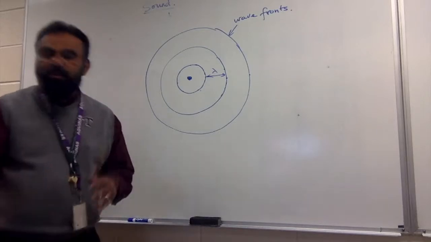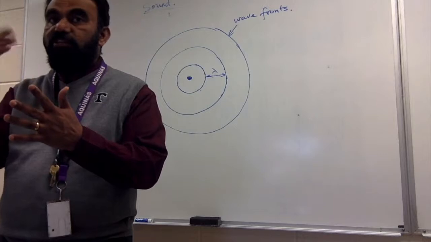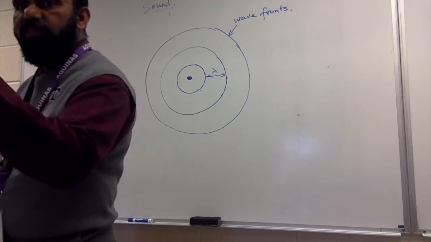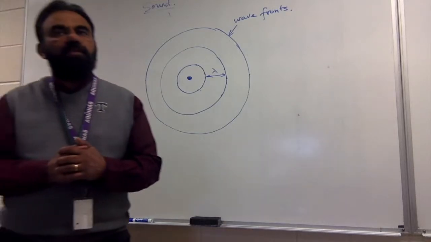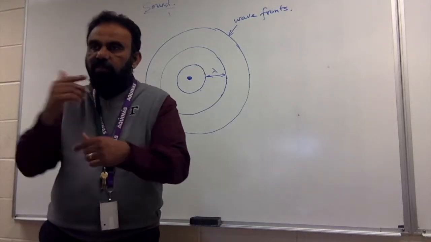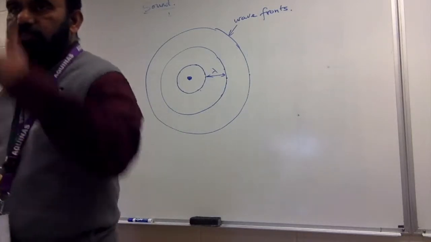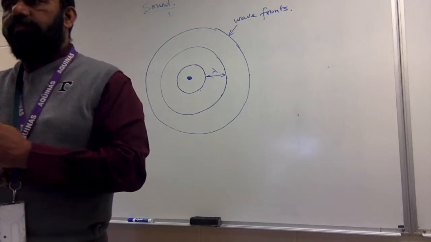Now, if you produced only one pulse like this, that's only one pulse. It's not a continuous sound. If it's just one pulse, that pulse is one compression that travels continuously. There's no second compression. But if I produce continuous compressions at a certain frequency, I'm going to get one compression going there, going there. Acts like a ripple.